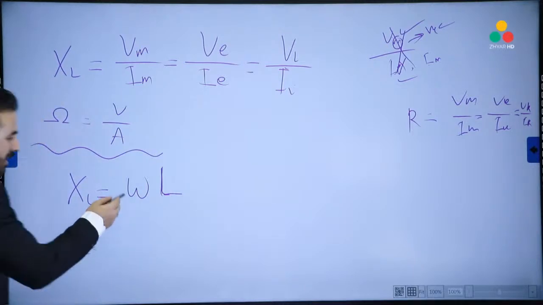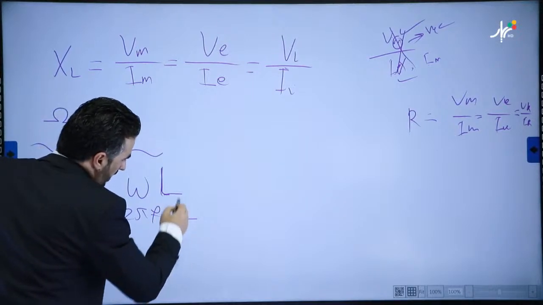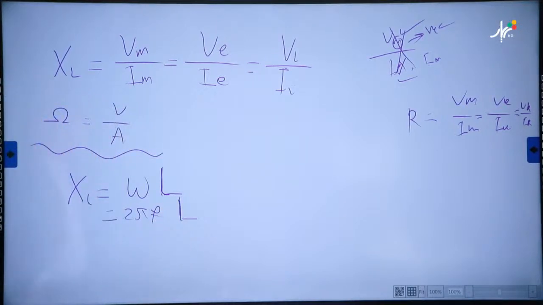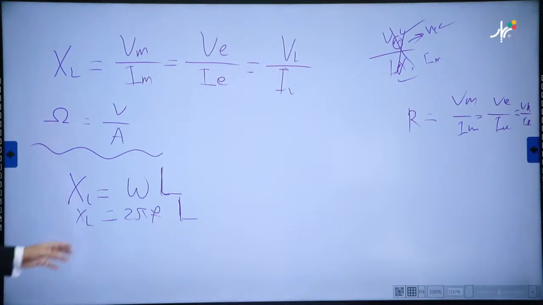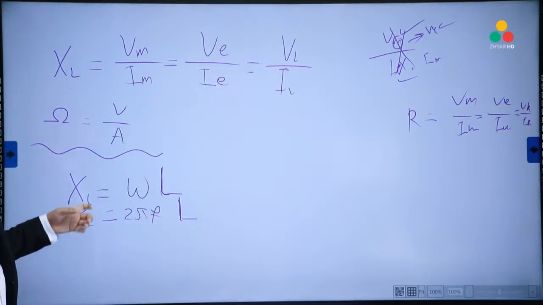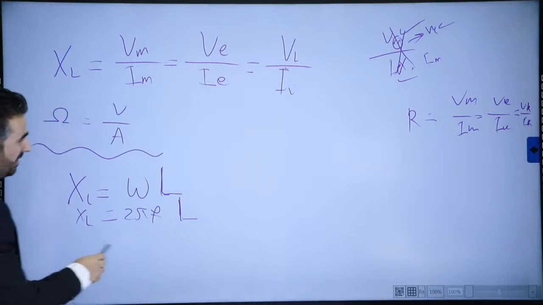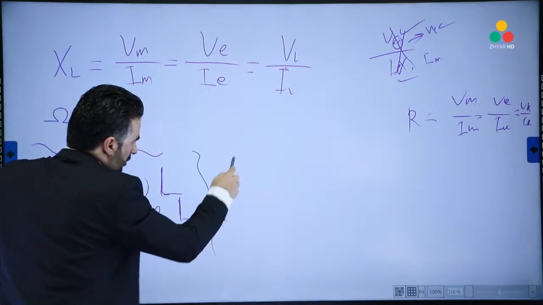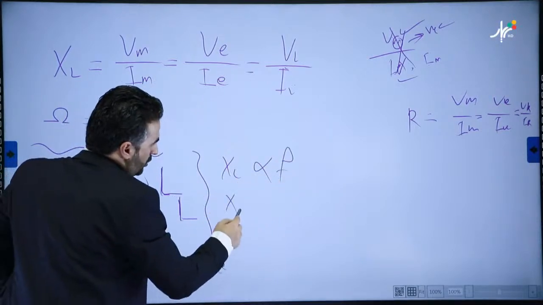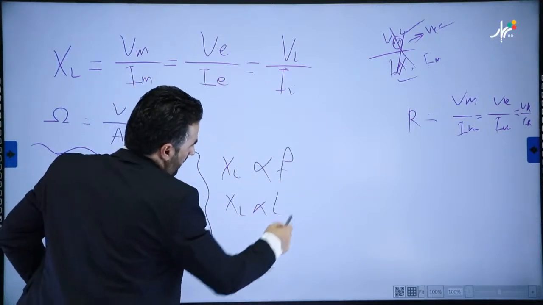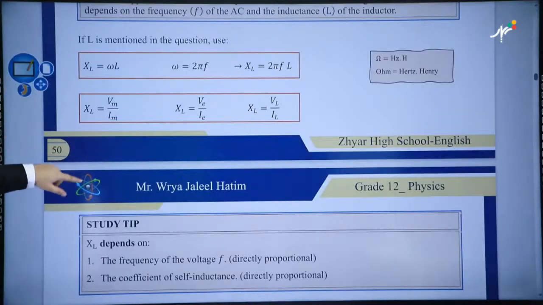But you do know that if omega is not given, we can say 2 pi times the frequency multiplied by the value of the inductor. Remember this, this is another way to find the inductive impedance. As you can tell, the inductive impedance is directly proportional to the frequency, and it is also directly proportional to the value of the inductor, which is measured in henry.